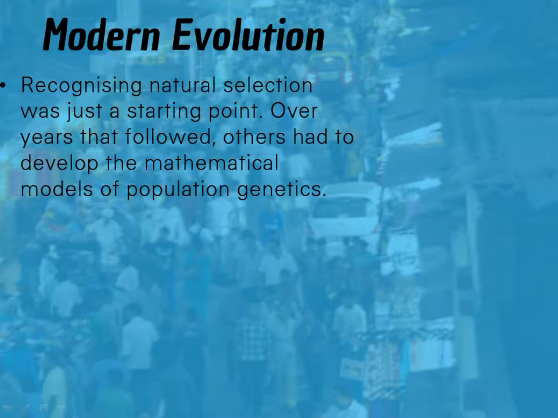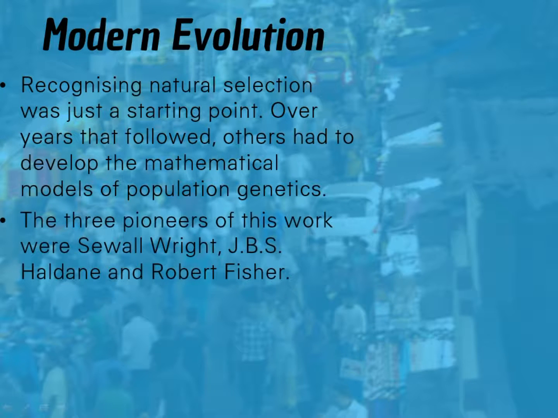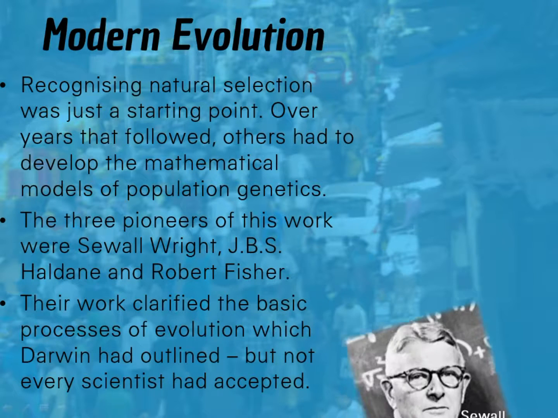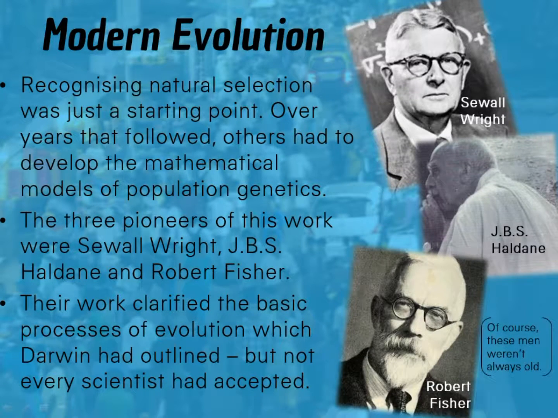So, evolution did not begin and end with Darwin. Recognizing natural selection was happening was really just the beginning. Over the years that followed, there were others who had to bring various different mathematical models of population genetics. Here are three of the pioneers of this work: Sewell Wright, J.B.S. Haldane, and Robert Fisher.